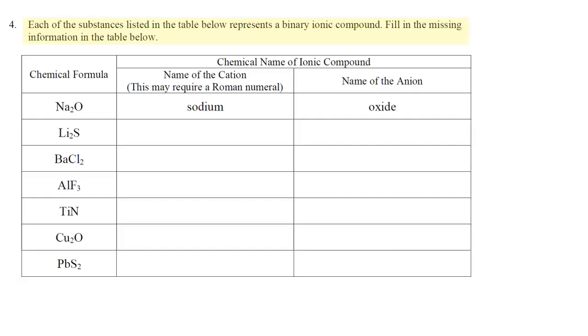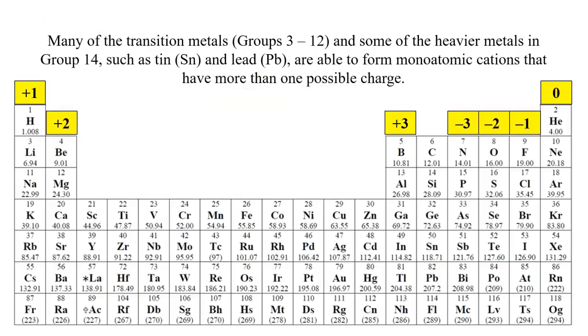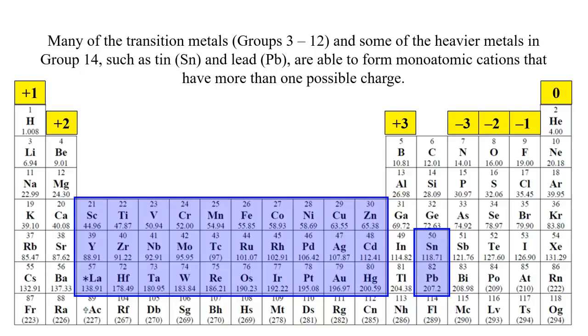Now, the next thing I'd like to call your attention to is the name of the cation. It says this may require a Roman numeral. So I'd like to remind you of the information that I had mentioned earlier. Many of the transition metals located in groups 3 through 12 and some of the heavier metals in group 14, such as tin and lead, are able to form monoatomic cations that have more than one possible charge.